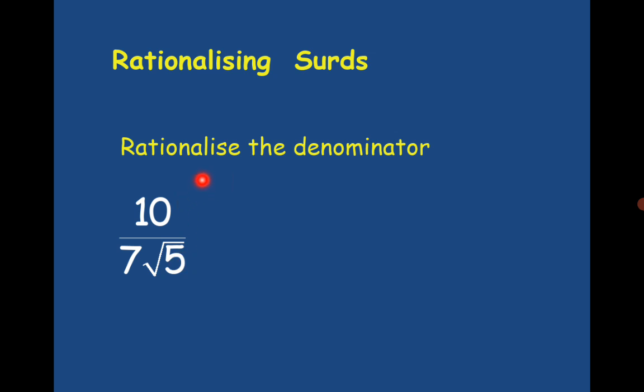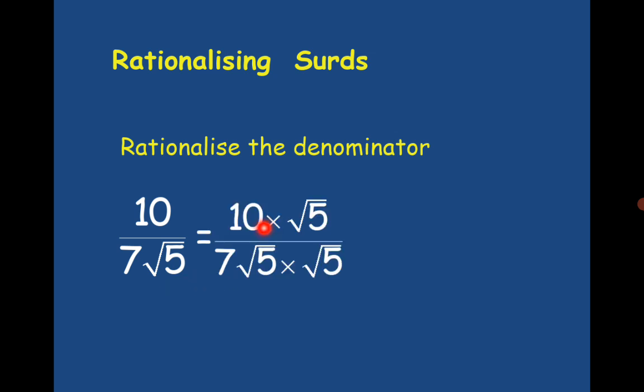So we are asked to rationalize this denominator, meaning we should remove this root sign. So to do that, you shall multiply the top number and the bottom number by root 5. We shall have something like this. So 10 root 5 over 7 root 5 times root 5. Take note that we have multiplied both the numerator and the denominator by the same root.